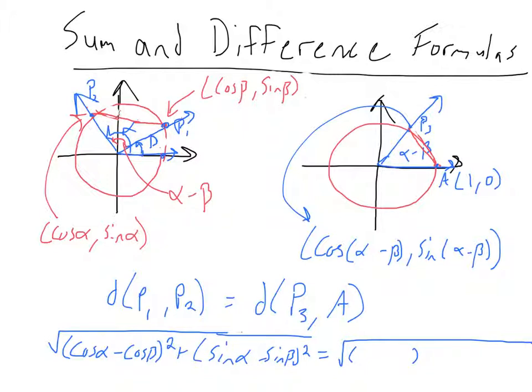I'm going to need to erase that probably. So what are we thinking? Maybe cosine alpha minus beta minus 1, right, squared, plus sine alpha minus beta minus 0, which is just sine alpha minus beta squared, right?